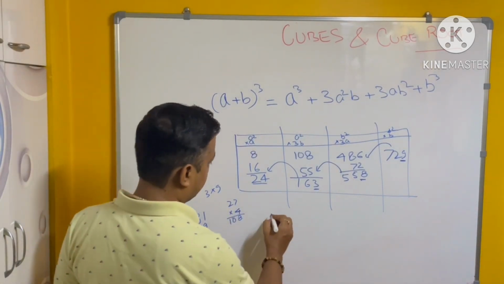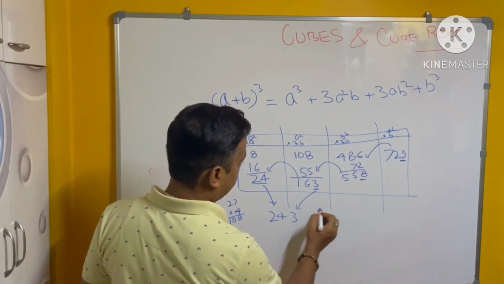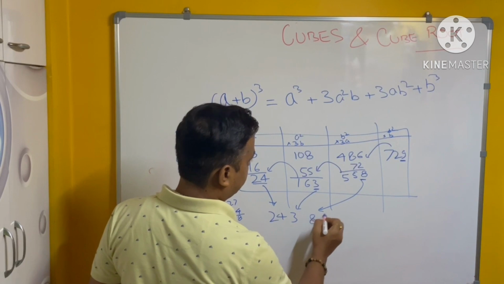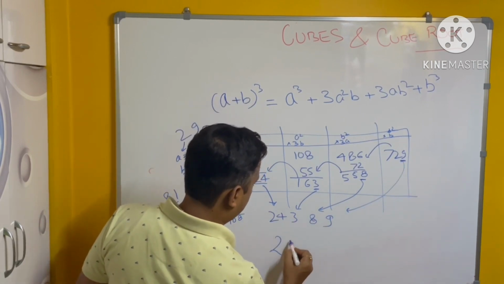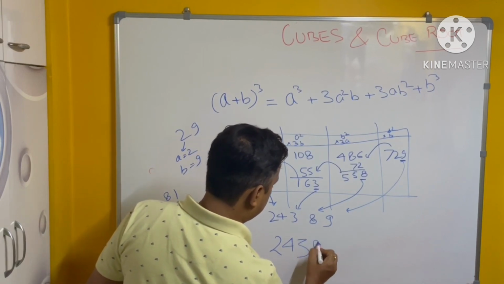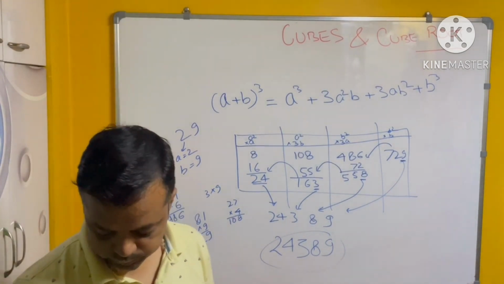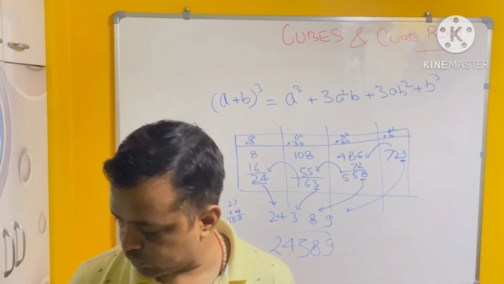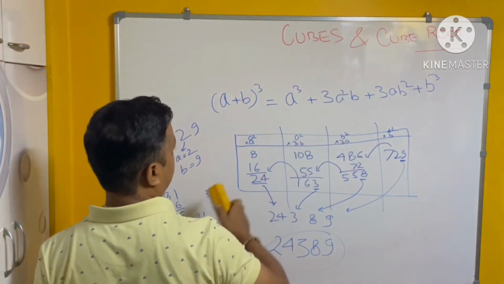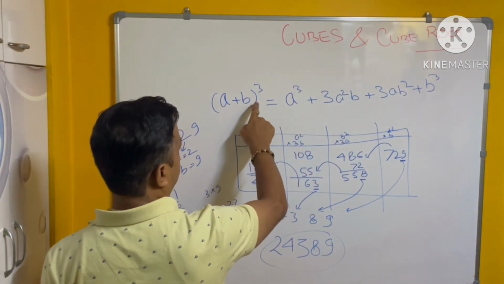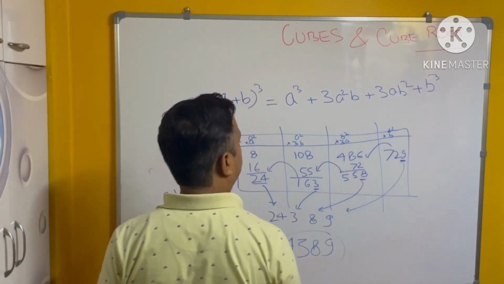Done. Take 24 from here, 3 from here, 8 from here, 9 from here, so 24389. This is your method, okay. So a plus b whole cube is a cube plus 3a square b plus 3ab square plus b cube.